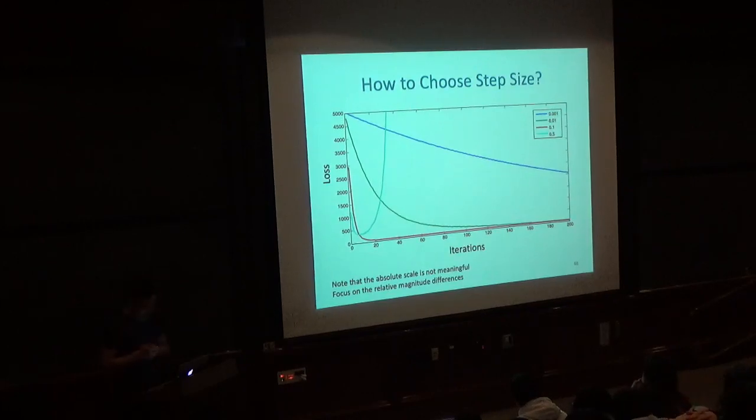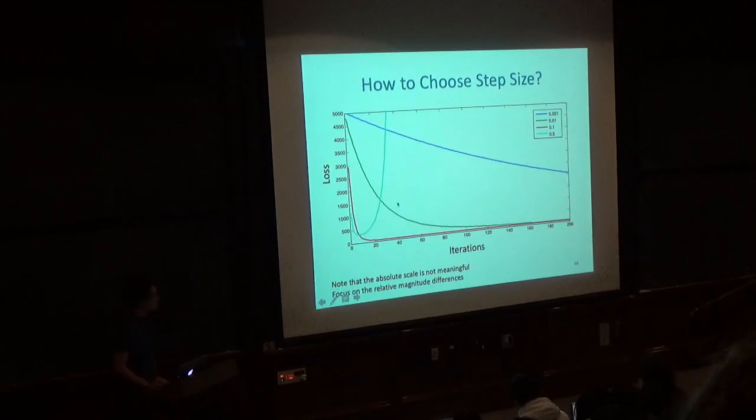So as the step size decreases, the convergence slows down a lot, right? So for step size of 0.1, we converge very quickly. For a step size of 0.001, we converge very, very slowly.